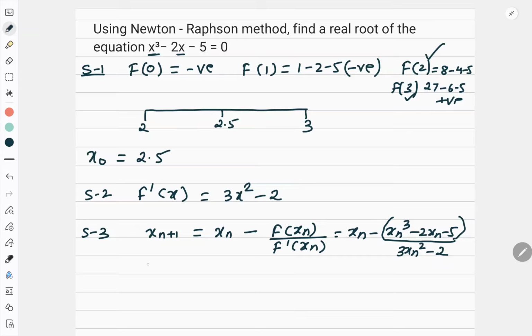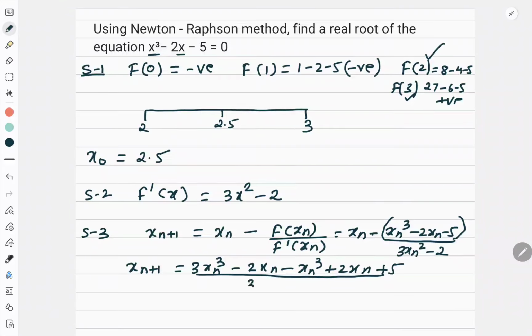Now take the LCM and your xn plus 1 is equal to 3xn cube minus 2xn minus xn cube plus 2xn plus 5. See, when I am opening the bracket, minus minus minus plus, minus minus minus plus, minus minus plus, upon 3xn square minus 2.